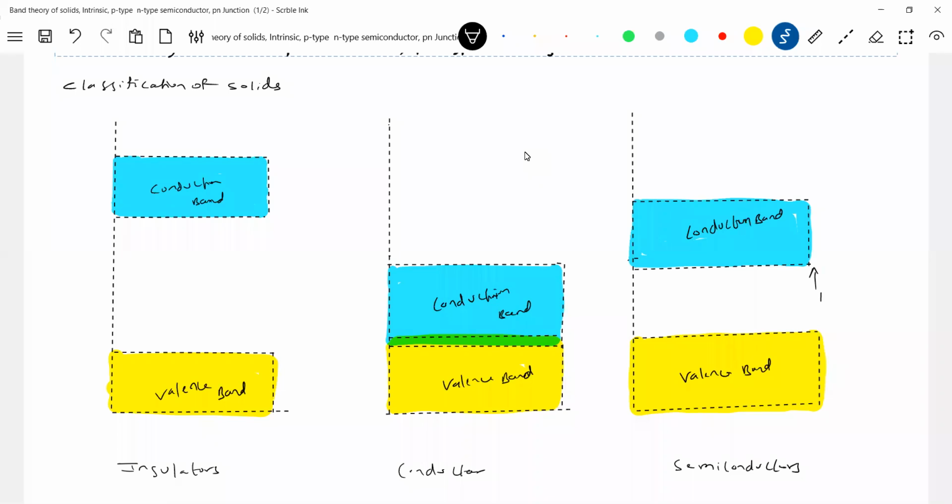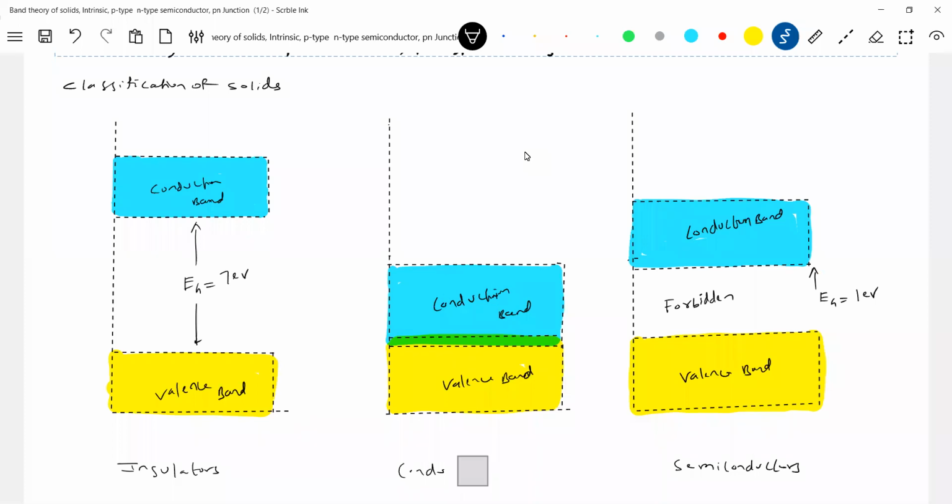Conduction band. So the energy gap, this is around 1 electron volt approximately. The energy gap, this is around 7 electron volts. So this is also called as forbidden. Forbidden means not permitted. If you look at the conductors, it will be overlap.